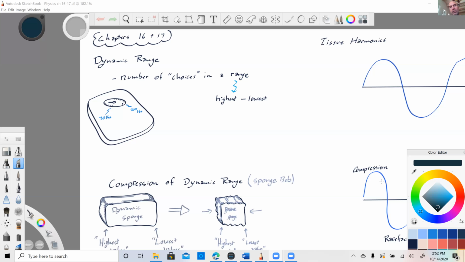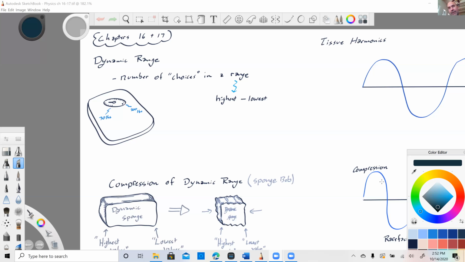And so if you have a large dynamic range, well, you might have a scale that goes from 0.1 pounds to 1,000 pounds. That's a much larger dynamic range. And it gives you more subtleness, especially at the far ends of the degrees of different weights.